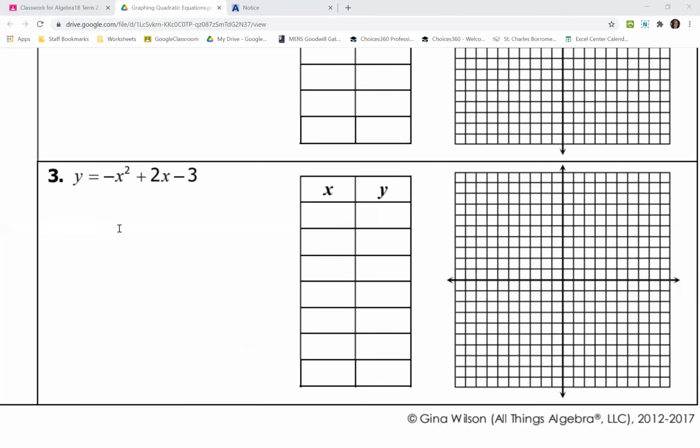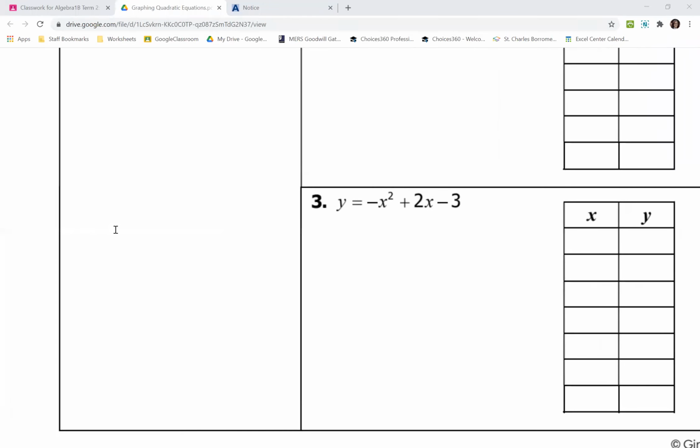So let's go ahead and write that. Find somewhere nice and neat to write that. So when we talked about our vertex, let's go ahead and look at that. If the A is positive, it's going to open up, okay? It's going to look just like that.